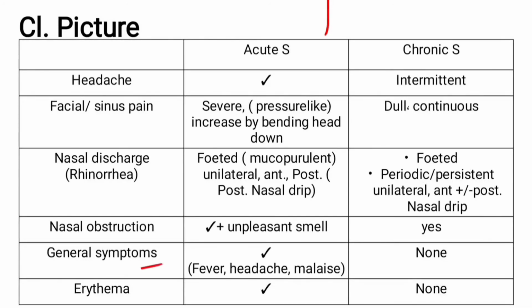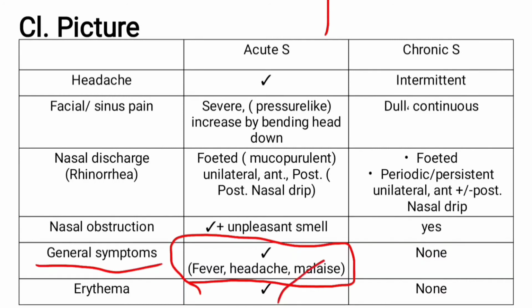The general constitutional symptoms in terms of fever, headache, malaise, we said are only specific to the acute condition, any acute condition, not just maxillary sinusitis. Any acute infection has fever, headache, malaise, redness, hotness over the infected area, with usually a swelling associated.